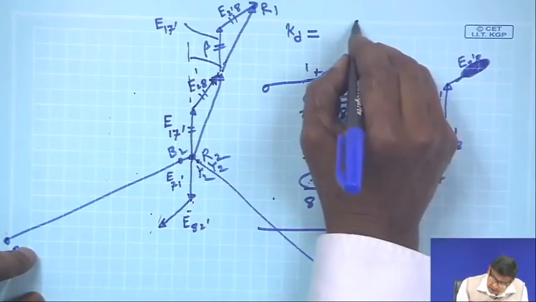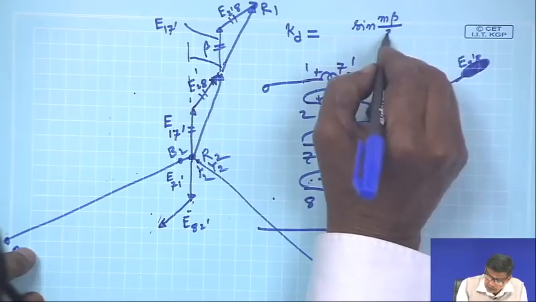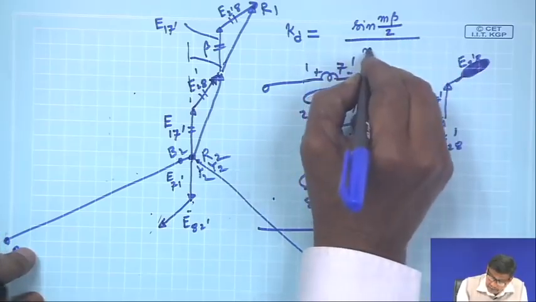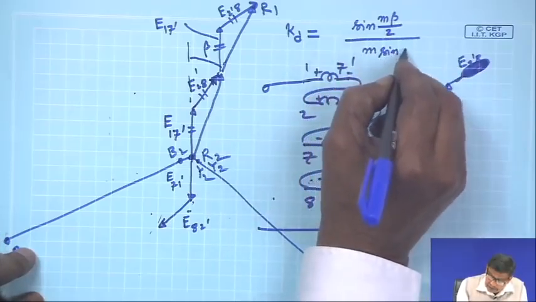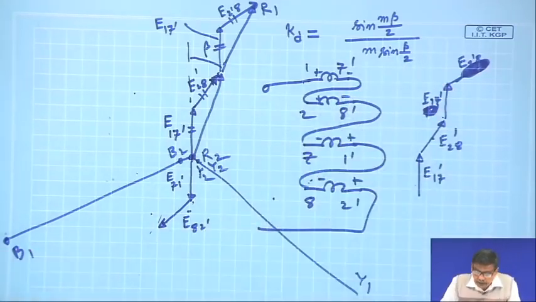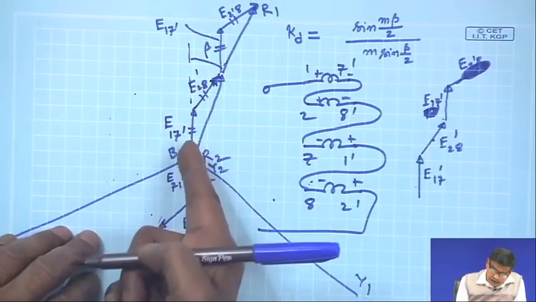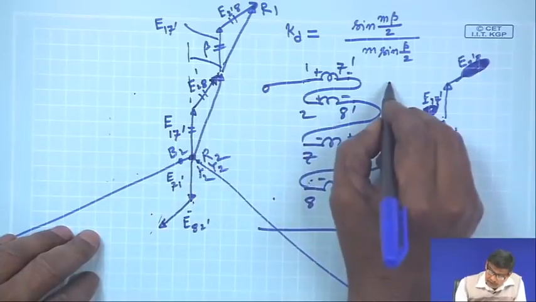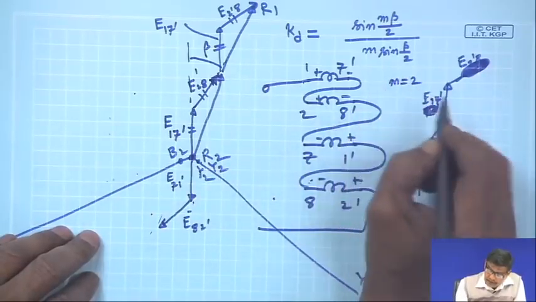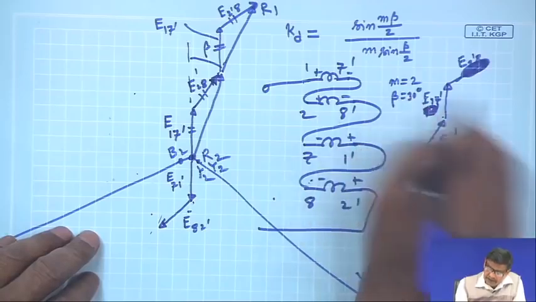Distribution factor, you remember, it is sin m beta by 2 divided by m sin beta by 2, is it not? Question is, what should be the value of m I should take? Value of m, you go to a group, it is 2, m is 2, beta is of course 30 degree electrical, that is all.